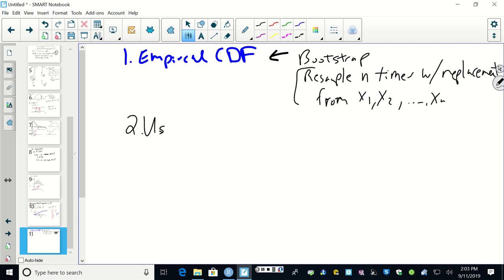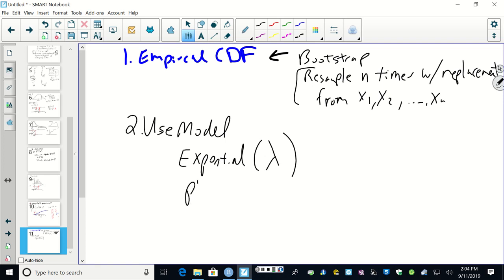Another way that you might see now and then is to use a model. For instance, an exponential random variable has one parameter. So instead of resampling from our data, one way to approximate that population and get a cumulative distribution function is to plug in lambda hat, and the usual choice is 1 over x bar.